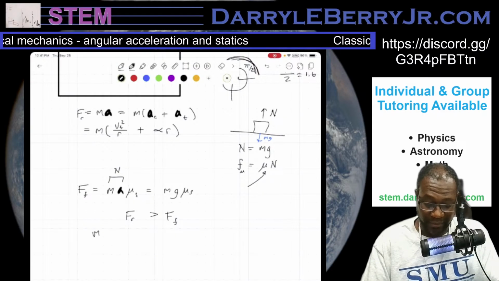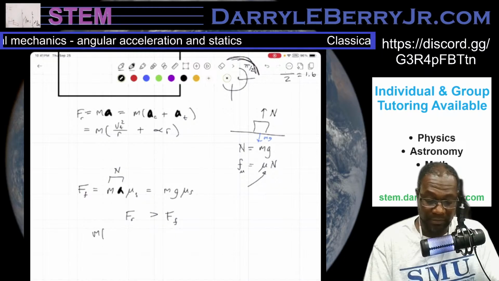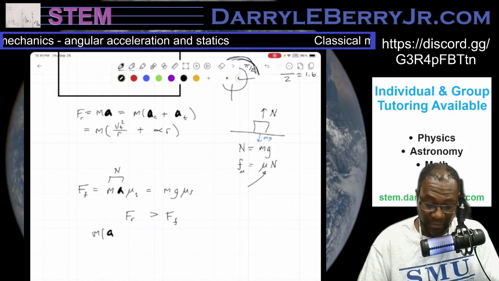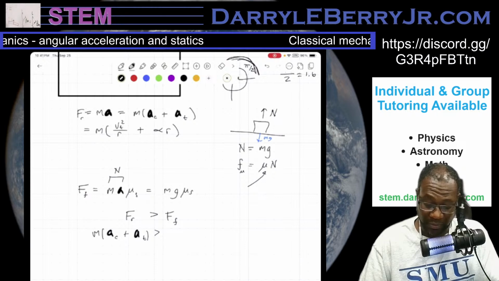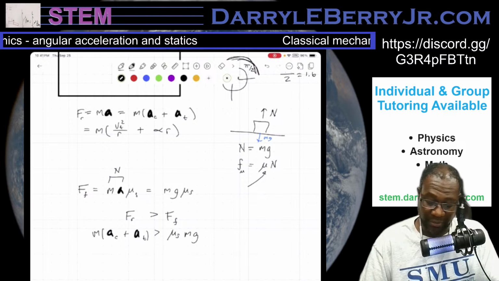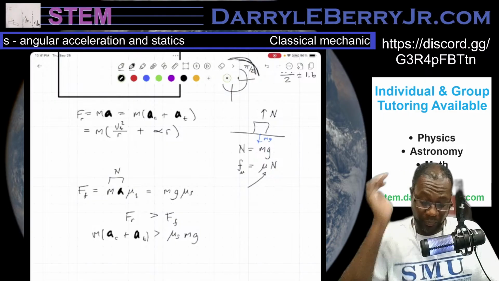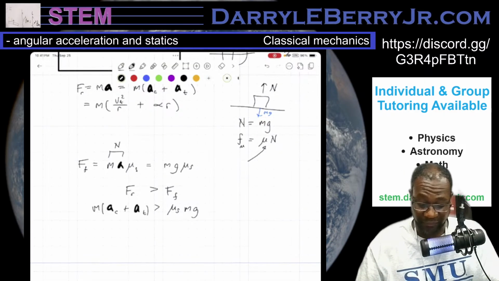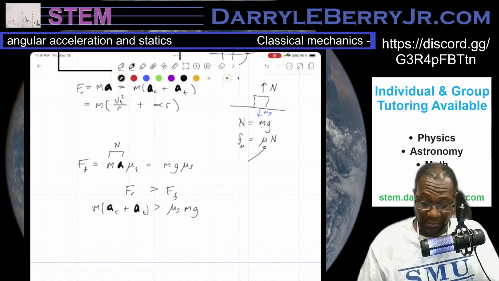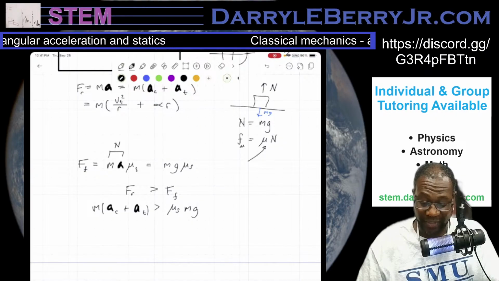So we can say that m a_c plus a_t has to be greater than mu_s m g for the object to slip. We want to find out when this object will slip, so we can simply solve this equation for acceleration and find out when that'll be.